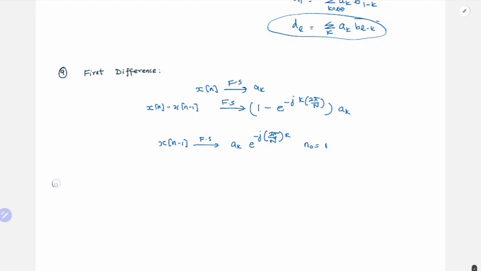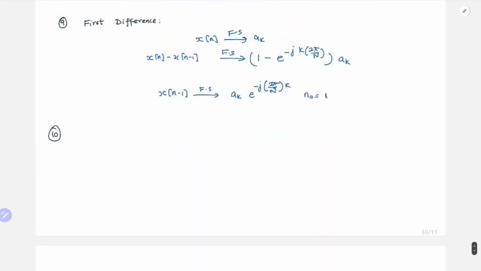And next, let us look at running sum. This is similar to your integration. So you have x of n giving Fourier series coefficient ak. What about summation k equal to minus infinity to n of x of k? So what will be its Fourier series?